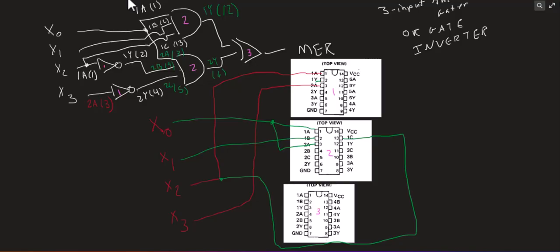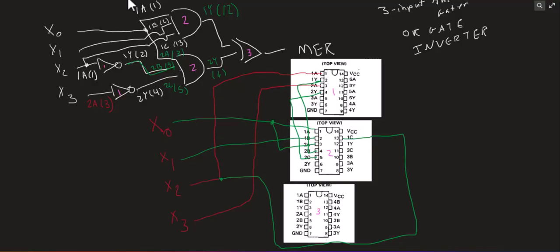This is going in, so we're going from here to here. So I'm going from 1Y into 2B. And then the last one was 2Y, or pin 4, is going into pin 5. So this one is going into pin 5. And I'm afraid this is about as neat as my circuits ever get. This is the neatest you're ever going to see.